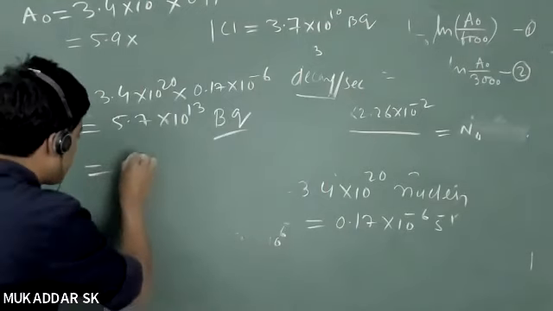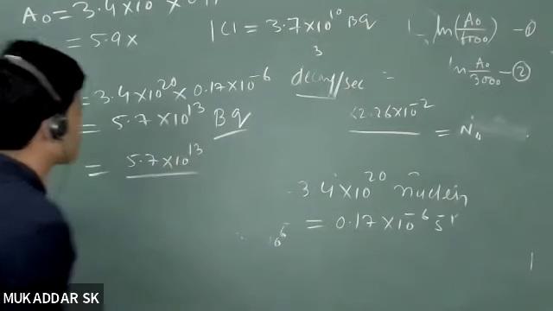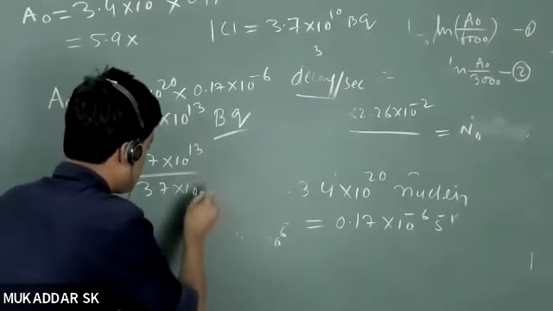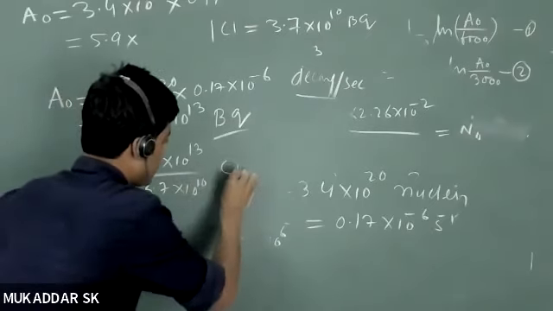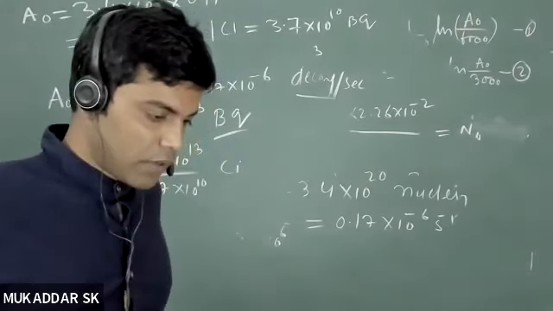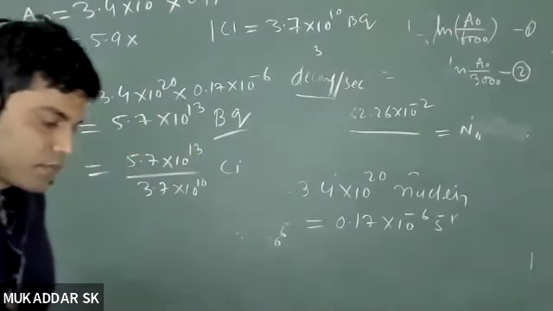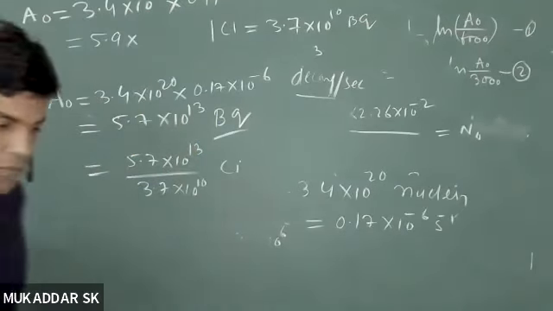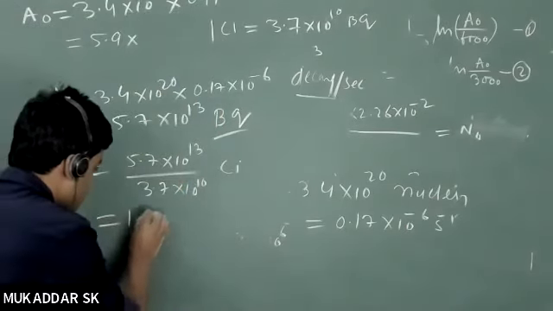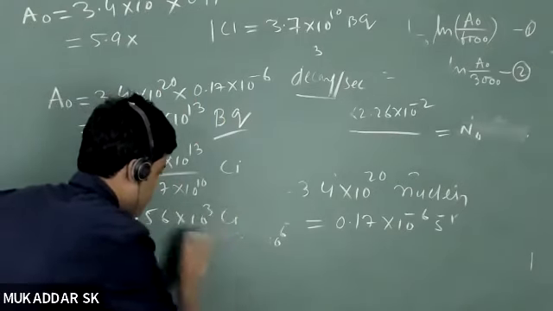So I can convert this: 5.7 into 10 to the power 13 divided by 3.7 into 10 to the power 10, and that unit will be in Curie. If you calculate that, you'll get 1.56 into 10 to the power 3 Curie.